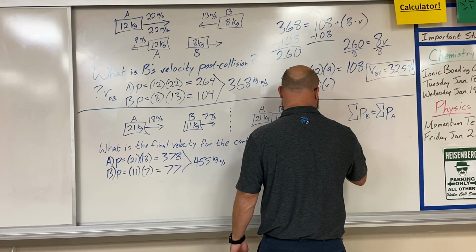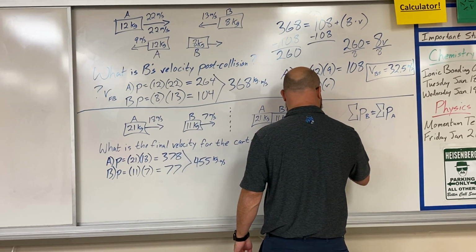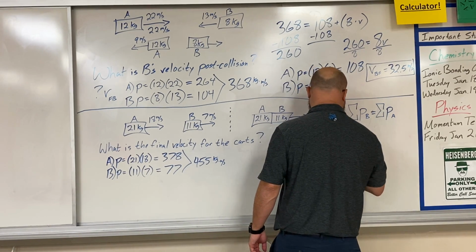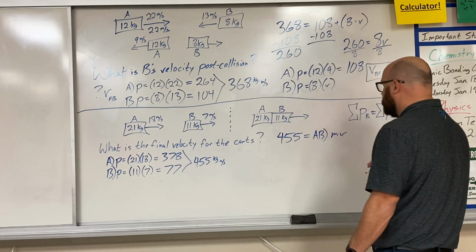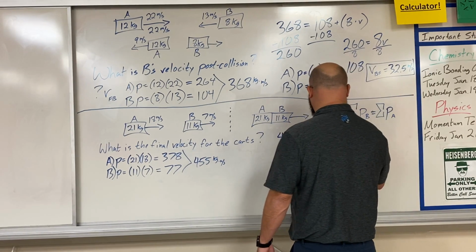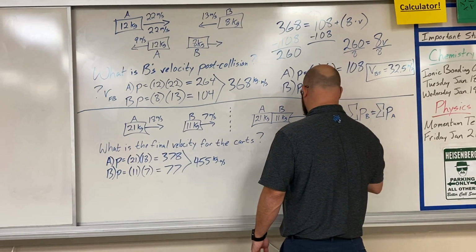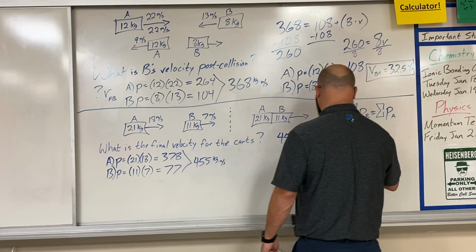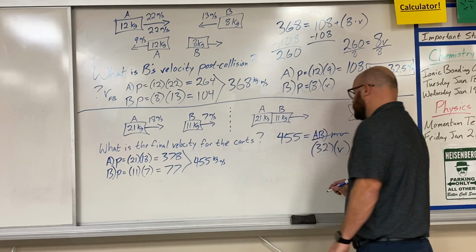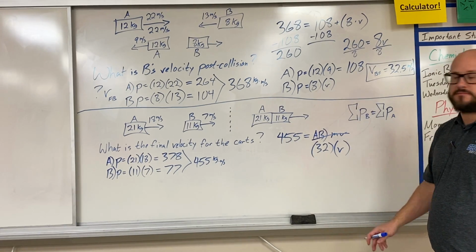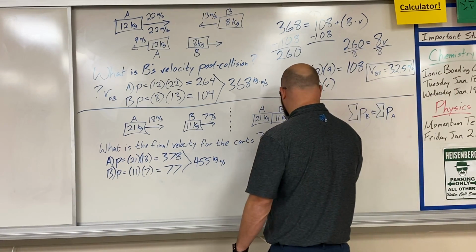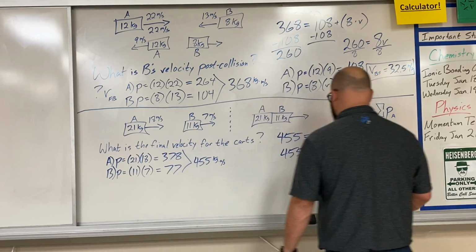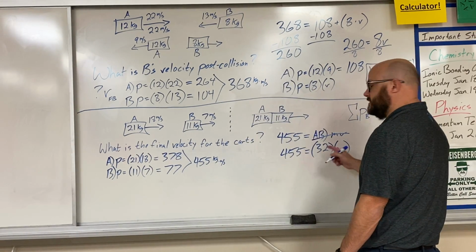So we're going to say AB mass times its velocity. So in this case, the mass, 21 plus 11, is 32 kilograms times its velocity, which is what we don't know. So 455 equals 32 times V, which is just 32V.